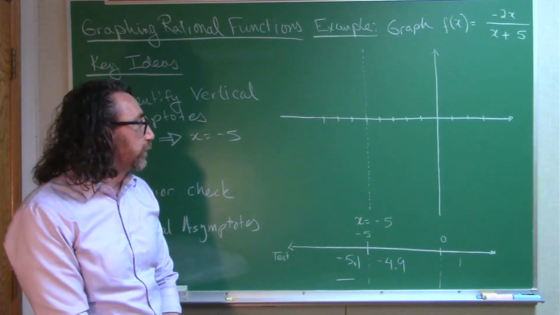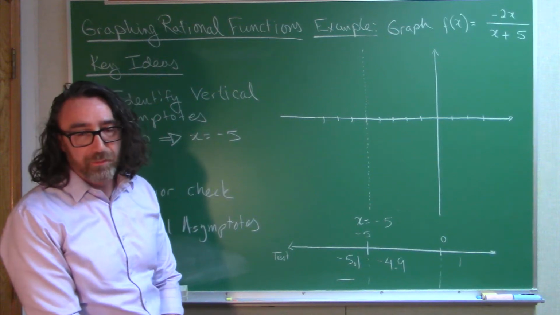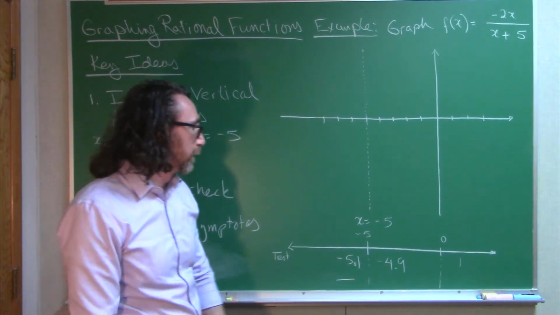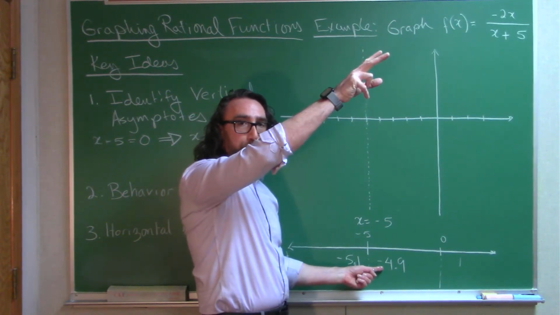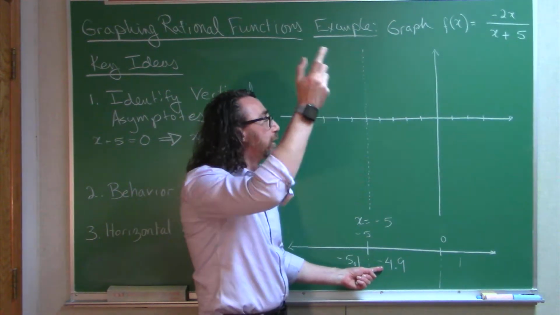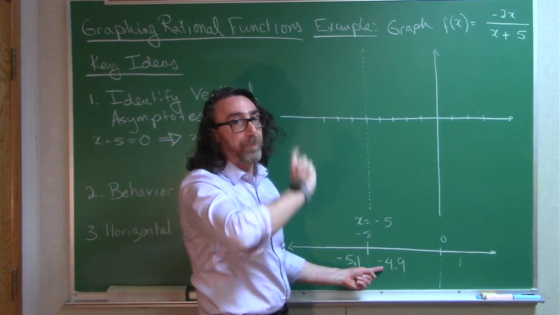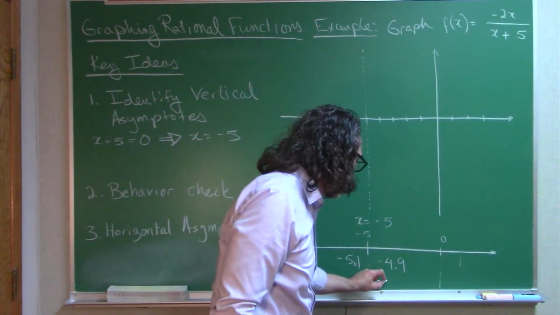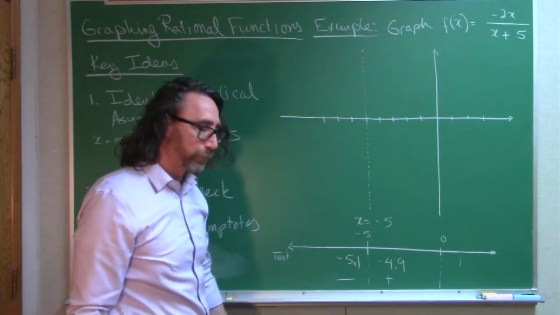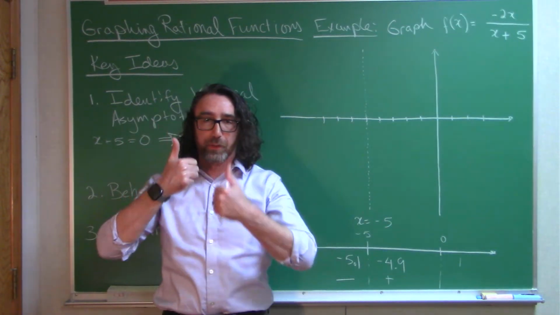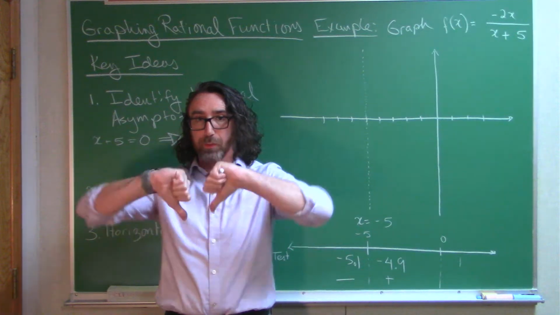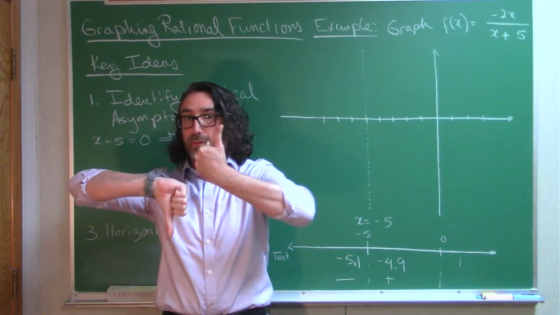Okay, now let's look at negative 4.9. Numerator, once again, is negative times negative. So up top, we got a positive. Down below, we got a positive. So we got a plus there. Negative, positive. Remember the 4 different types of behaviors? You could go both up, you could go both down, you could go like that, you could go like that.